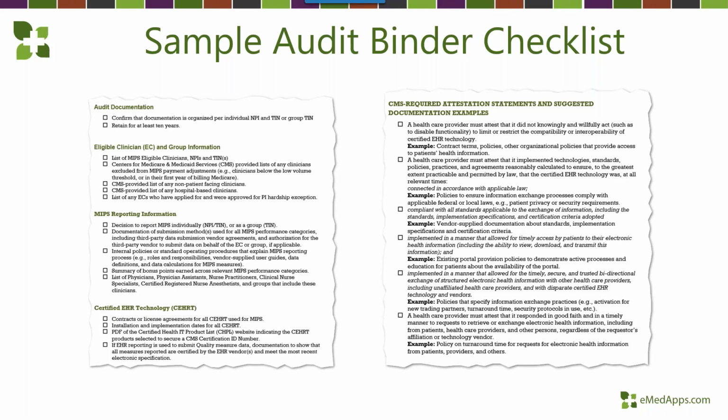Obviously, there's more to it than these two samples, but these are a checklist that you would go through, have it laid out based on different categories and your general information related to MIPS overall. Next slide, please.